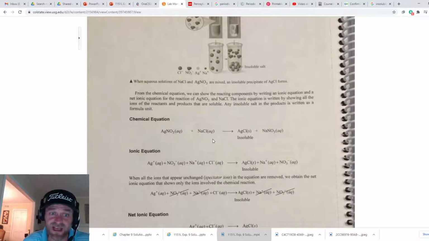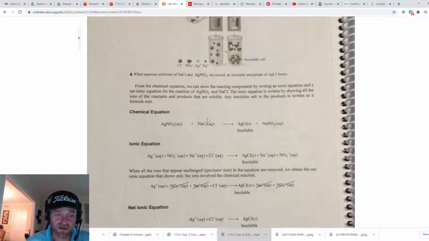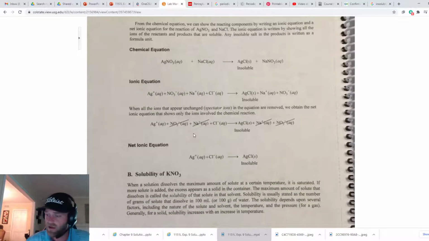So this is exactly like the first part of the problem. I'll go ahead and work through this with y'all. This is the first part of the first section of part A. And you'll have to do, like I said, an ionic equation and a net ionic equation. Here are examples of all of that, but I want to work through that with you right here.